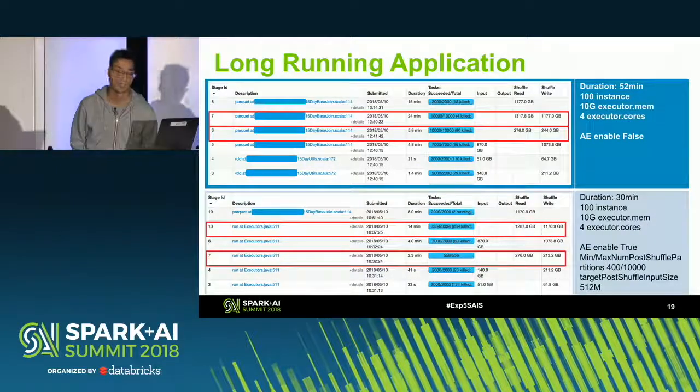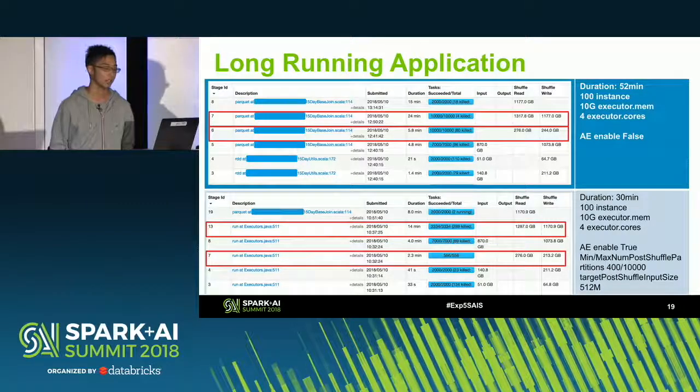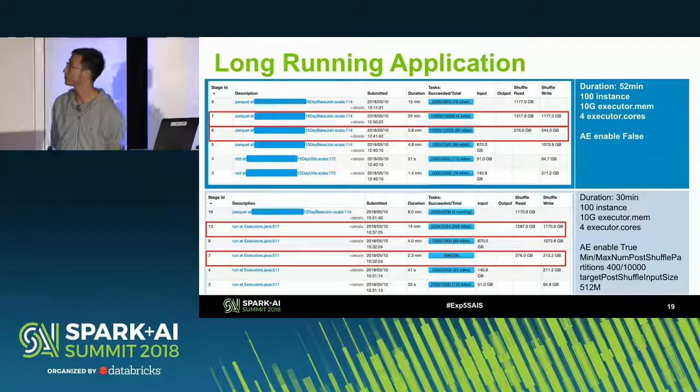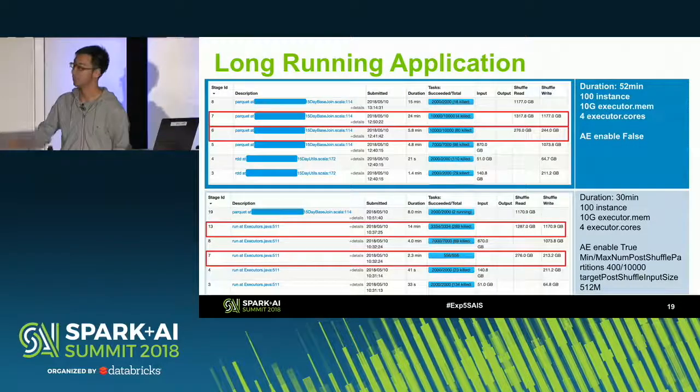Here is also a detailed use case. We run this application in 100 instances, and each instance has 10 gigabytes executor memory and 4 executor cores. You can see the bottleneck stage in the red box. After I open the adaptive execution, you may find that each stage has its own most suitable parallelism number.